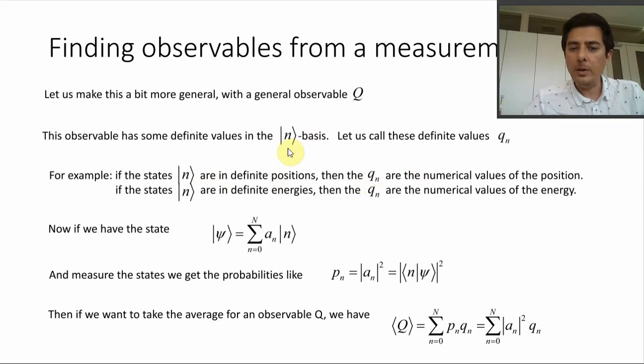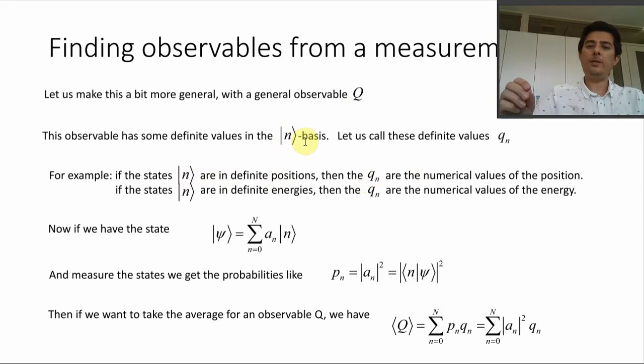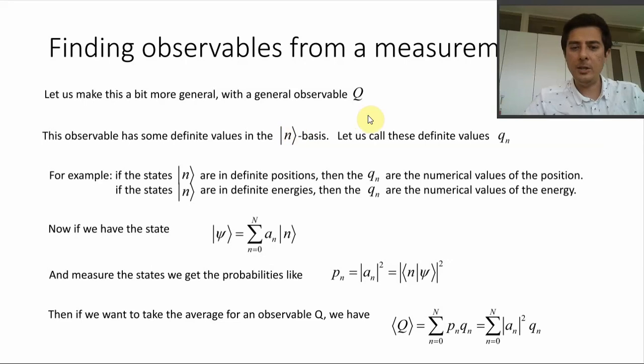We could have these as definite values of energy, right? Say we were more interested in measuring the energy, where the observable here was the energy of the particle. Then what we do is we take all these states which have a definite energy. I haven't told you how to do that, but I'm telling you here that it's possible to define particular states with definite energies.